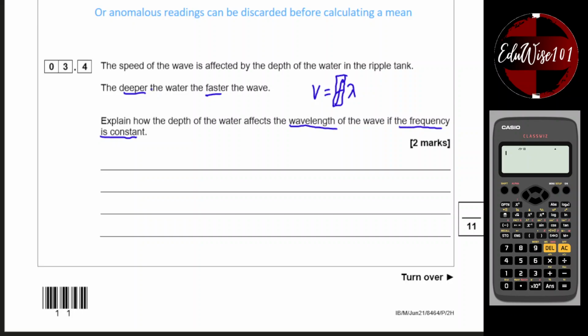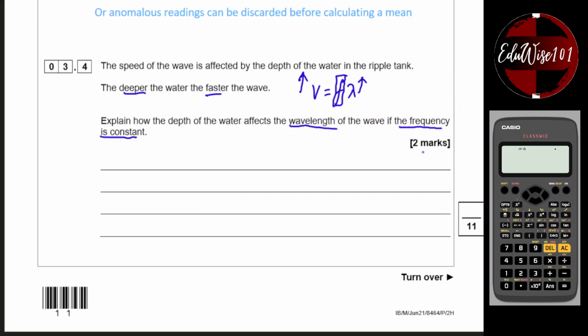They're saying the deeper the water, the faster the wave. If you increase the wave speed, the wavelength needs to increase as well if frequency is constant.